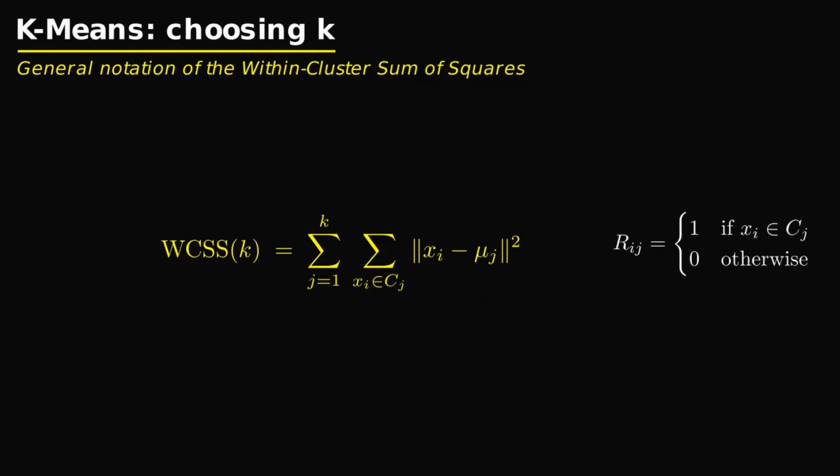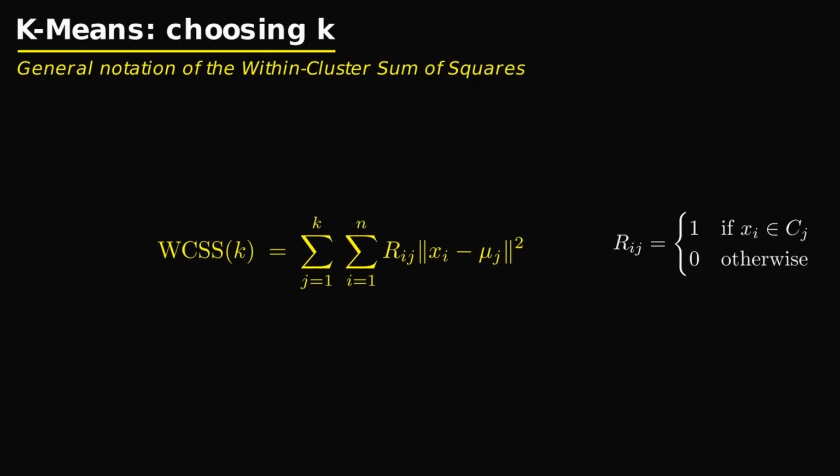For computation, it is often more convenient to introduce an assignment variable Rij. Rij equals 1 if point xi belongs to cluster j and 0 otherwise. With that convention, we can rewrite the whole criterion using only standard summations. This form will be more convenient in the next chapters.